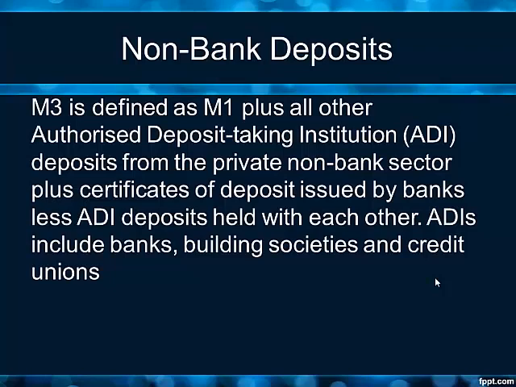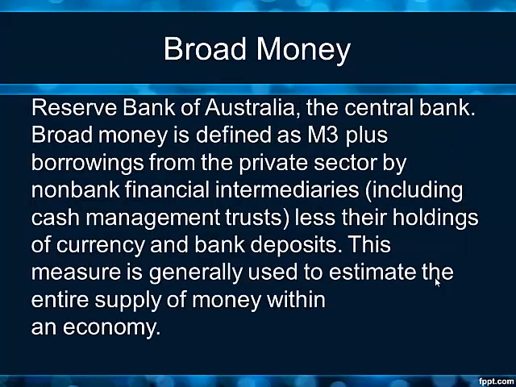Okay, so broad money as opposed to narrow money basically tries to take into account everything which is very highly liquid. So it's M3, which takes non-bank institutions and things which are quickly convertible to cash.